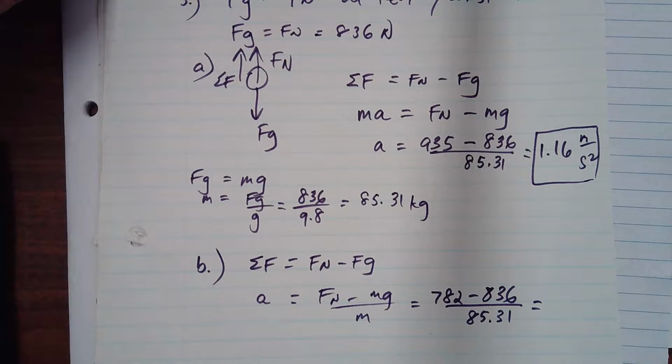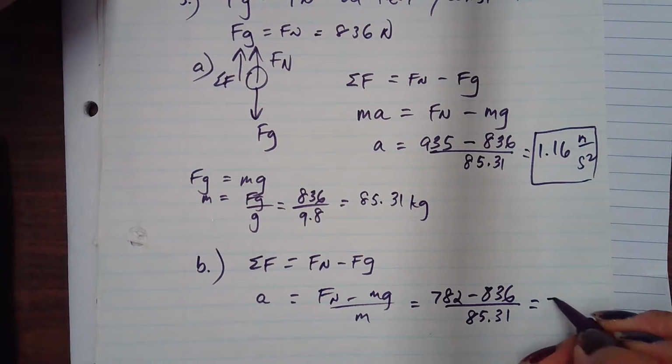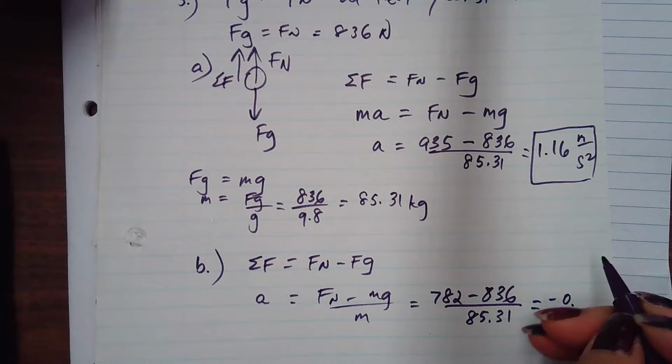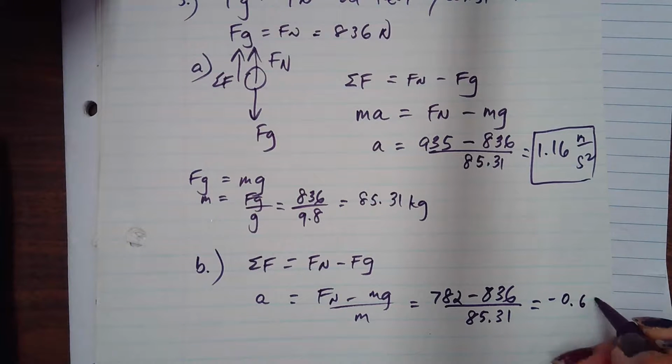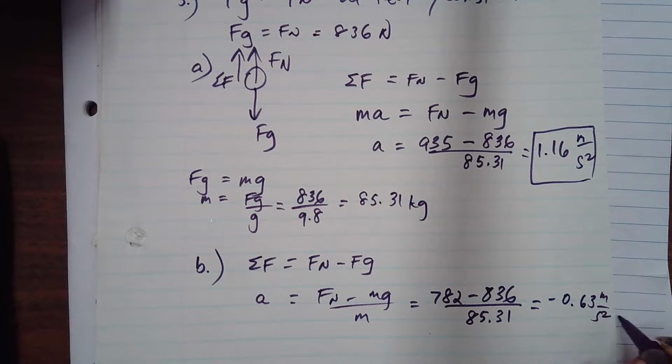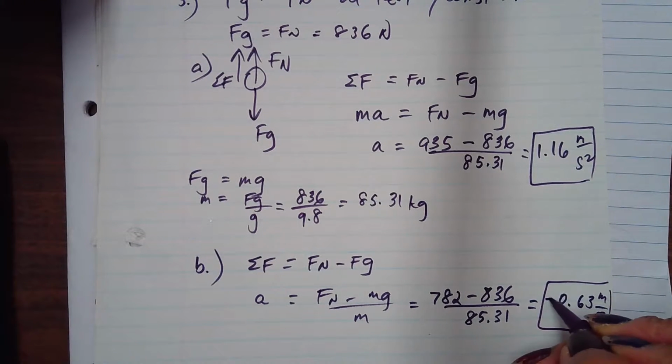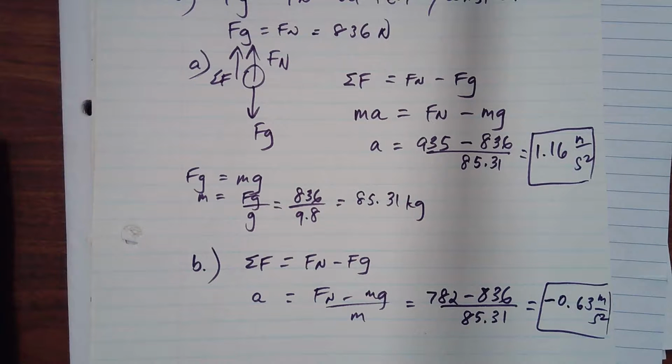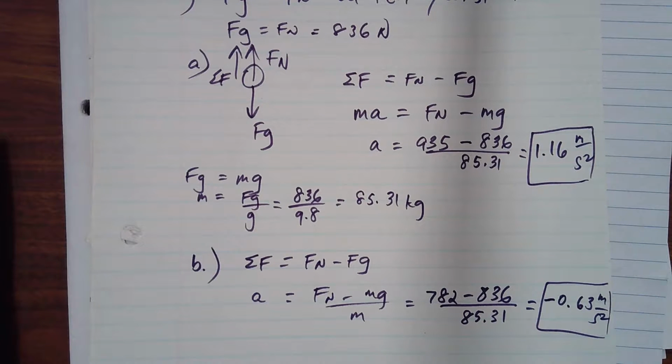And this is exactly what we observed yesterday in the elevator, right? Okay, so negative 0.63 meters per second squared. That tells you the elevator was slowing down and preparing to stop, which makes sense. So it speeds up, constant, slows down, stop.